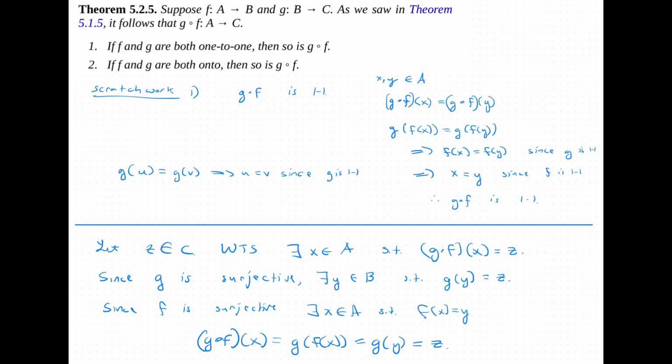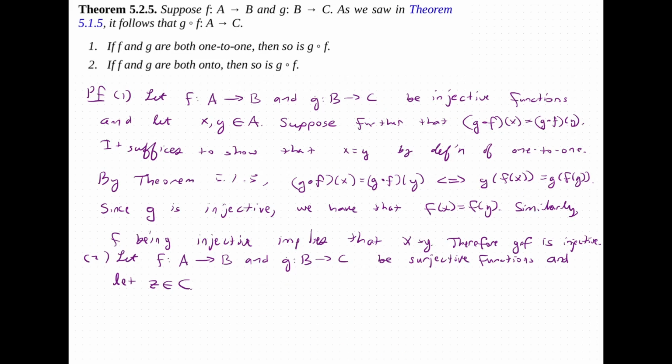So let us write this up formally. So here we have the formal proof. So we're, again, taking f from A to B, g from B to C. These are surjective functions. We're choosing z to be in C. And since g is surjective, there is a y in B such that g of y is equal to z.